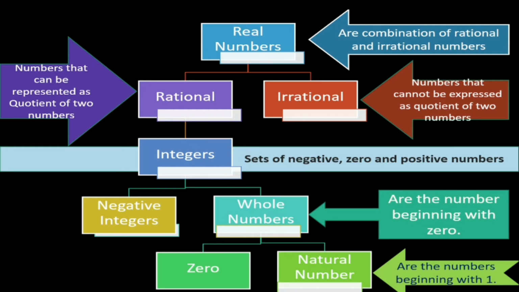The natural numbers are called the counting numbers. So these are the numbers beginning with 1. I hope you can now easily identify which of these are real numbers, natural numbers, or irrational numbers.